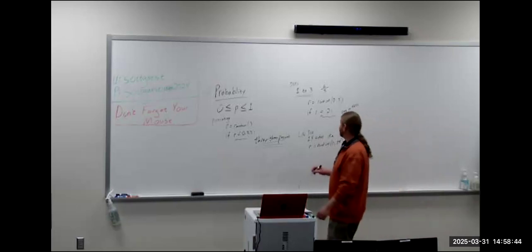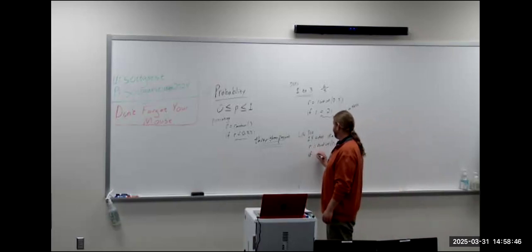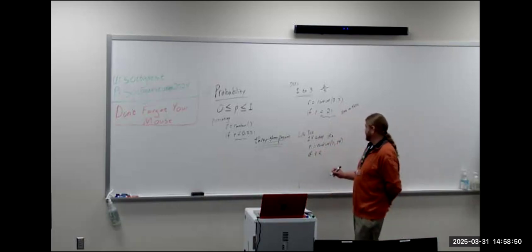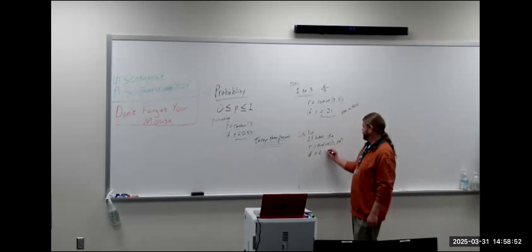I'm using Python syntax here. And then if R is, say, less than, we can adjust it, right? So maybe R is less than 5. That's going to be our basic stuff.